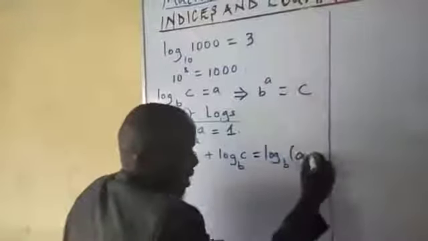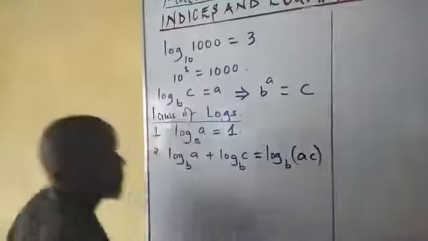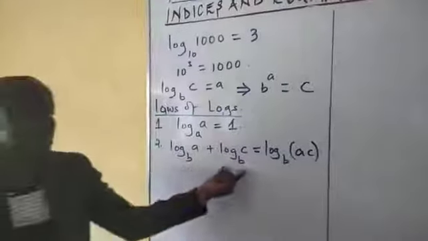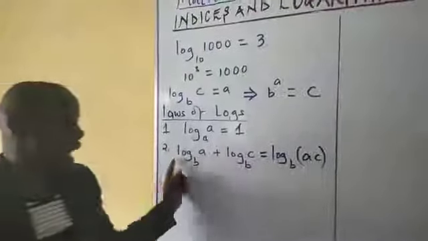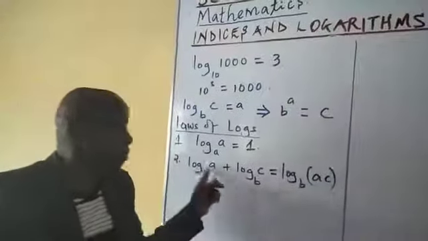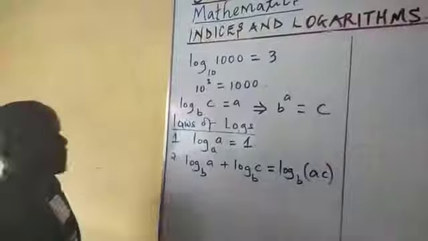Therefore, when the base is the same and we have the logarithms being added, we just take the logarithm to the same base, then we multiply the two numbers there.